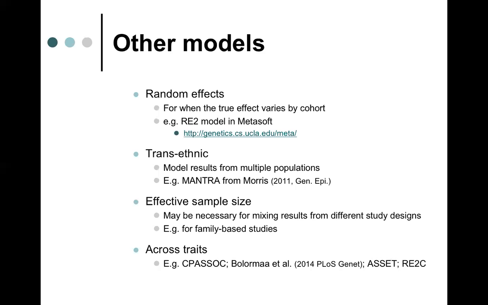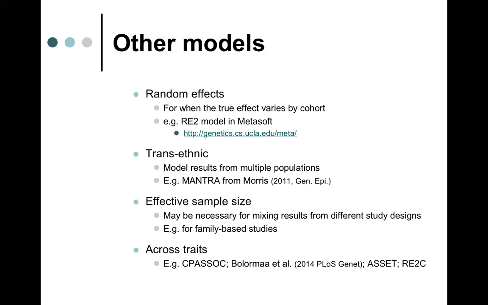Another place where we might want to expand upon the basic fixed effects model is if we're specifically doing meta-analysis across GWAS from different ancestries, sometimes called transethnic modeling. It's possible to do this and just treat it as a random effects model, but another alternative is to more specifically model the population differences. So if you know in advance that you've got 10 cohorts of European ancestry and 10 cohorts of East Asian ancestry, and you have some population genetics knowledge of how different those two populations are, then you might be able to plug that into a more sophisticated model for taking into account the within versus between ancestry variation.